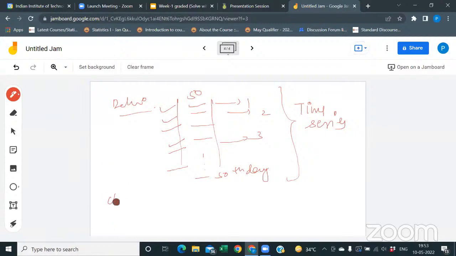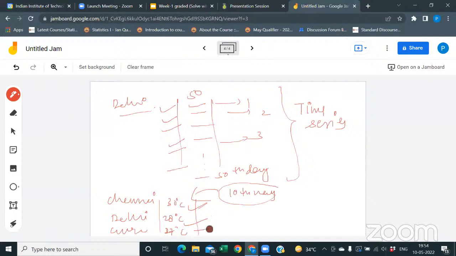Cross-sectional means suppose I calculated the temperature on 10th of May in Chennai, Delhi, and Gurugram. Here temperature is 30 degrees Celsius, there 28 degrees Celsius, and there 27 degrees Celsius. So time is the same, but places are different. So this is cross-sectional data. Got the difference between time series and cross-sectional?